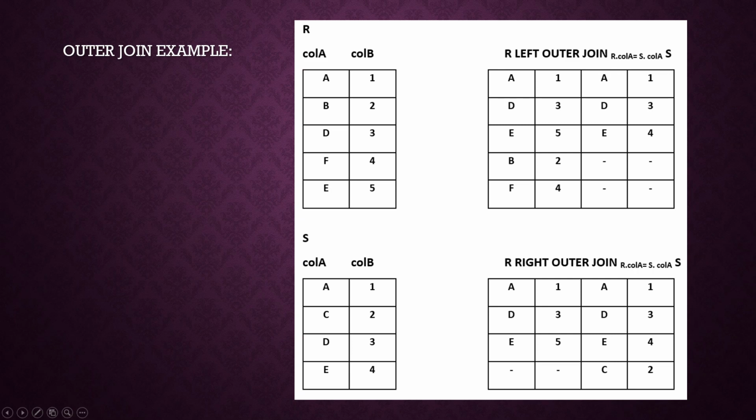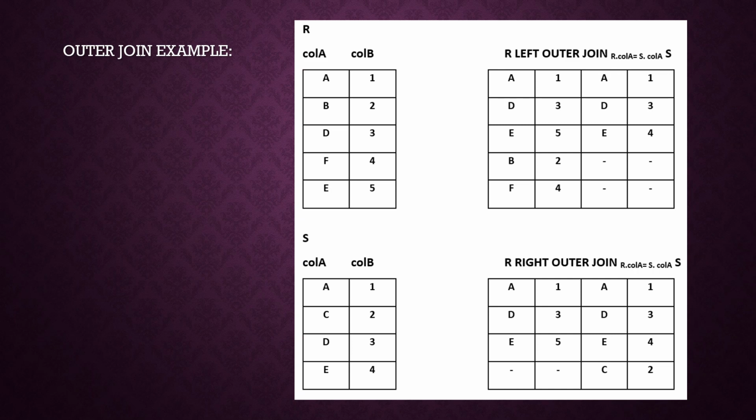The last element should be C2. C2 is the element of S which is not common in both the sets. Okay, these are about the outer join example.